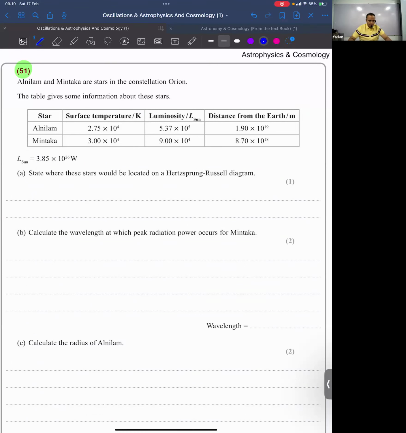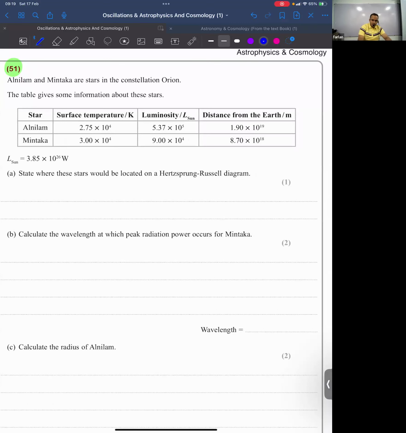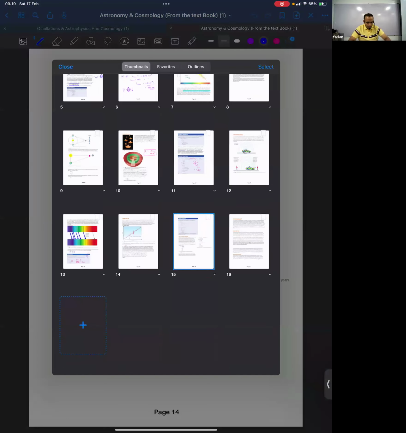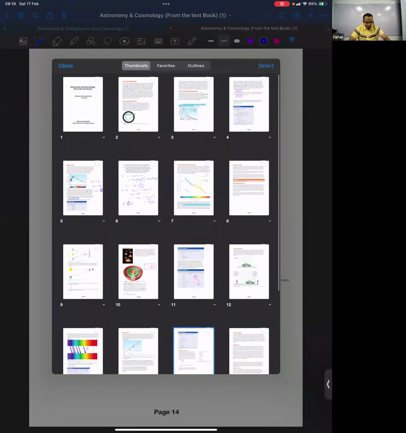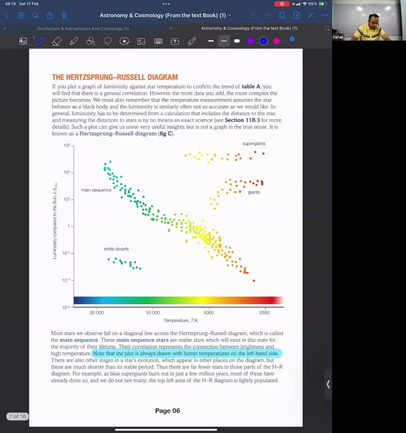In the Hertzsprung-Russell diagram, can you remember, here it was the luminosity and the temperature. The temperature was increasing towards the left. Can you remember the scale? 20,000, then 10,000, 5,000, 2,500.